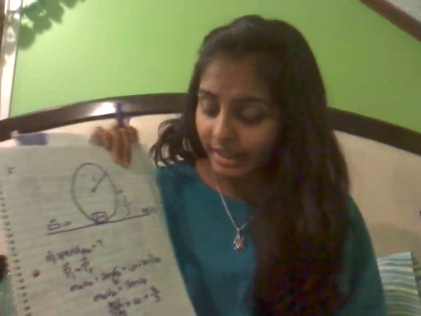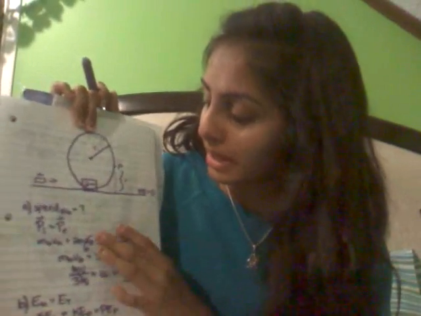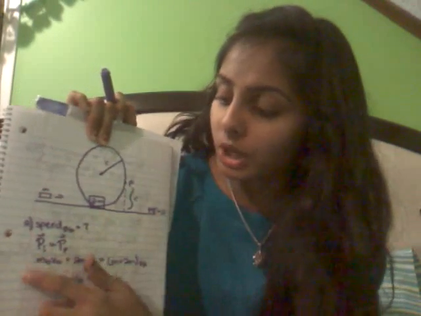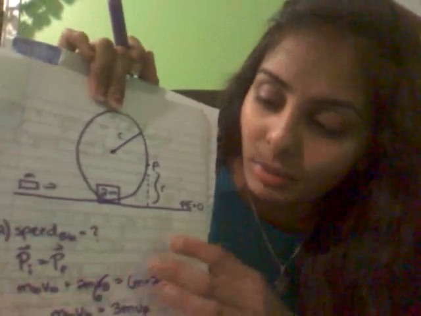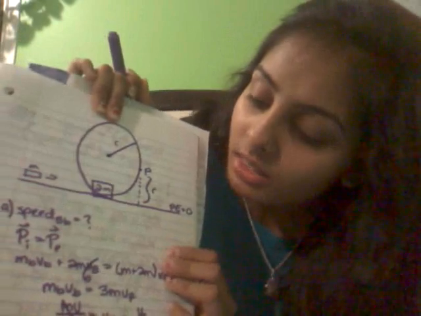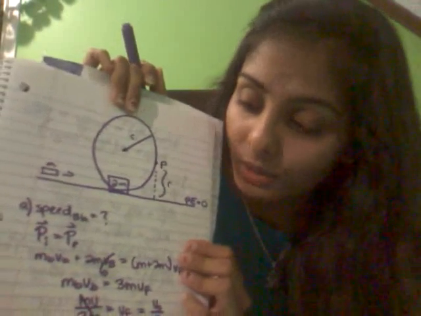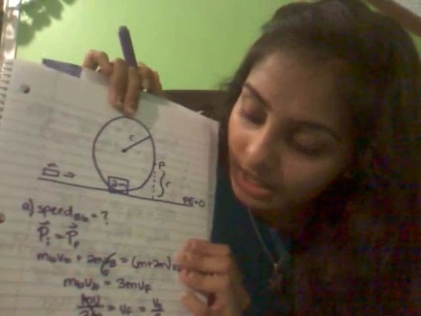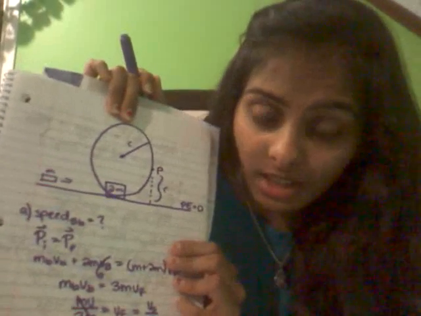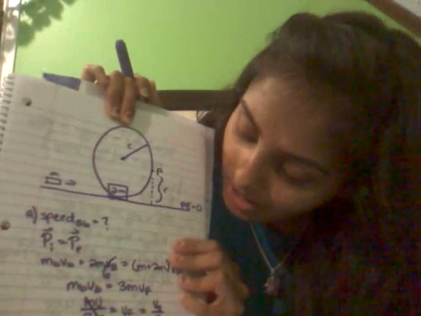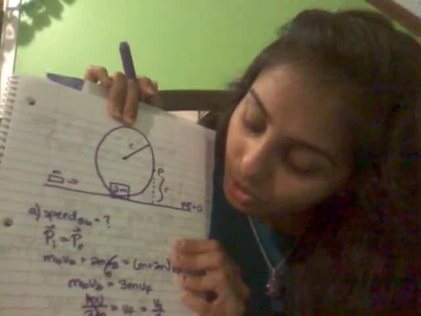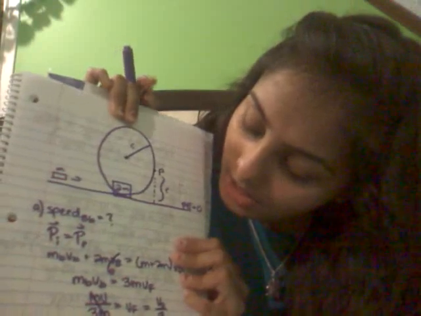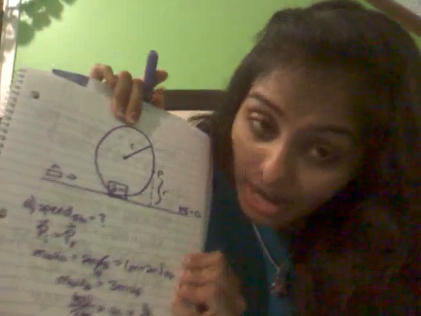Okay, so let's run through this really quickly again. To find the speed after impact, we're going to use the conservation of momentum, and that's just the sum of the masses times the initial velocities set equal to the sum of the masses times the final velocity.